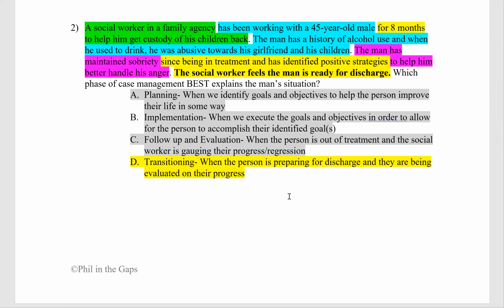But it could also be to transition to a higher level of care or stay in the same level of care. So he's transitioning out, but the main thing is that we feel he's ready for discharge, so we have to discuss it with him, evaluate his progress, and go from there. So the correct answer here is D. So that's how we look at that question in particular.